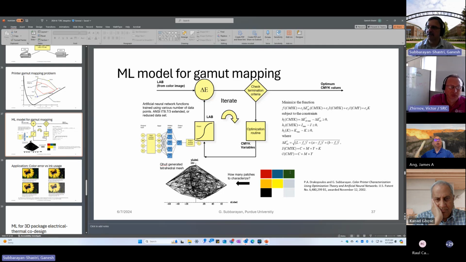I print out thousands and thousands of patches and measure the LAB values of every patch, the device independent color coordinates of every patch. And then I train a machine learning model. The time it takes to train is unimportant, because what is important to me is that I want to be able to correct my printer quickly, then I think we can invest the time.